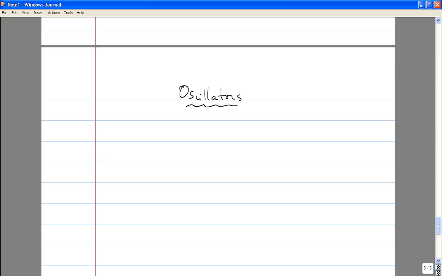So far, all we have done is write down equations of motion. But what we would now like to do is to begin to solve them.